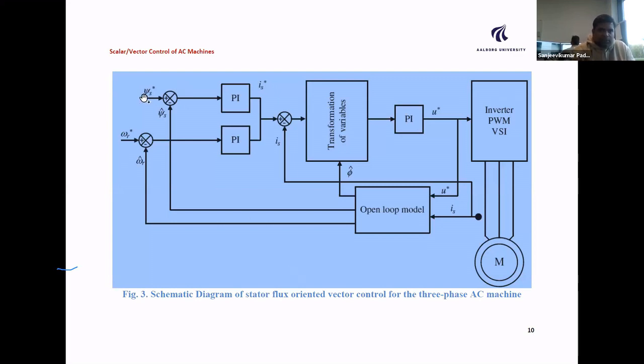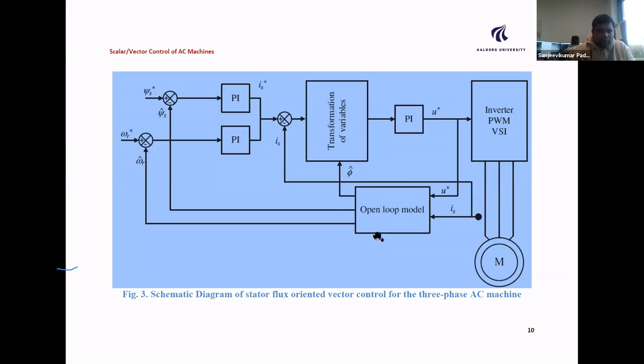How does it look? A simple idea: we can have a stator flux reference, and the feedback can be taken from the open loop model. What is this open loop model? The exact replica of an induction motor in real time. We are modeling an induction motor with theoretical equations to have similar behavior in real time to your numerical equations. That's most important.